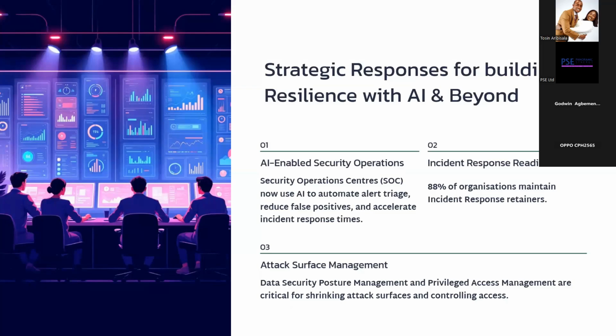And also we have attack surface management. This is where data security posture management and privileged access management are critical for shrinking attack surfaces. This is where we put structures in place to make sure that any form of access is managed very well.